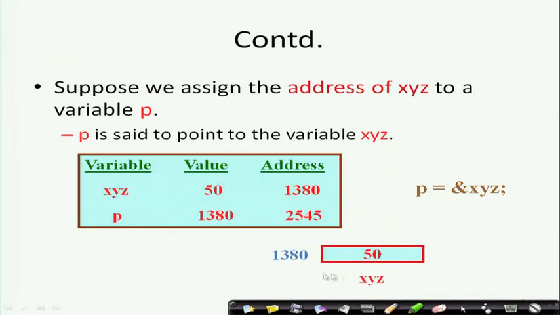So, this is the picture: 1380 is the address of 50 and P, which is located at 2545, is holding the address 1380. Clear? Whenever you find difficulty in dealing with pointers, my suggestion always to the students is draw a piece of diagram and then you make the whole picture clear in front of you.